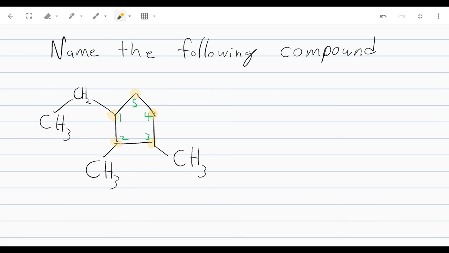We have an ethyl group here because we have 2 carbons in it, and then we have 2 methyl groups here and here. So the way that I would write this name is I would write it out as 1 methyl, or 1 ethyl.